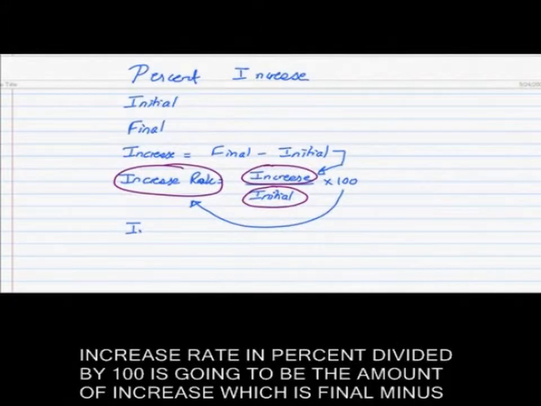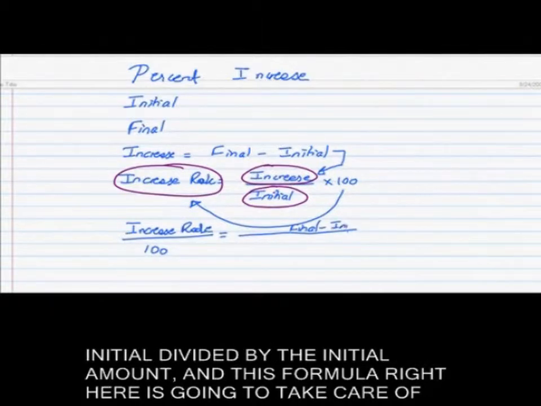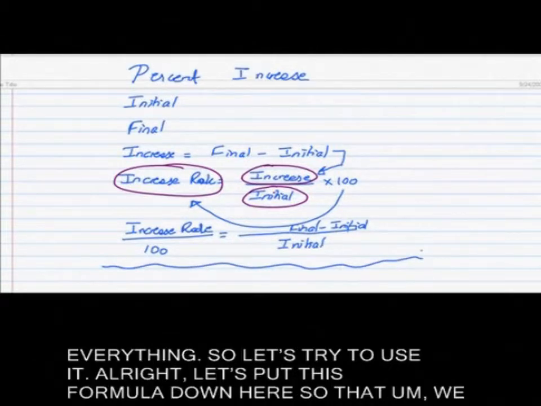So the increase rate in percent divided by 100 is going to be the amount of increase, which is final minus initial, divided by the initial amount. And this formula right here is going to take care of everything. So let's try to use it.